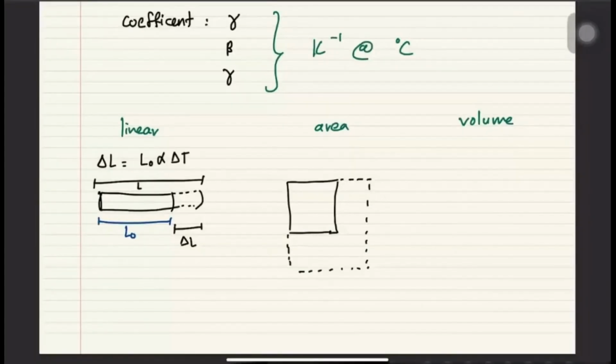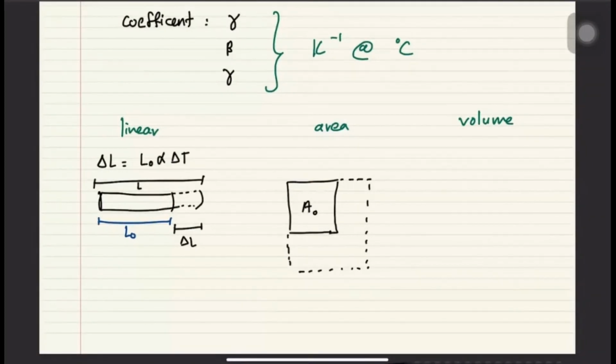Okay, and then area. Kalau area expansion, contohnya macam ni lah. So area doesn't mean that it has to be square lah. It could be circle ke apa. Tapi kalau dia perubahan dia adalah 2 dimension, sebab tu dia darab 2 kalau kamu perasan tadi kan. So dia berubah ke kanan dan ke bawah. So this is your initial A naught.